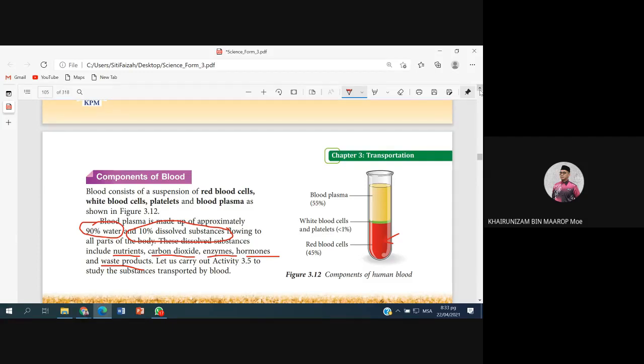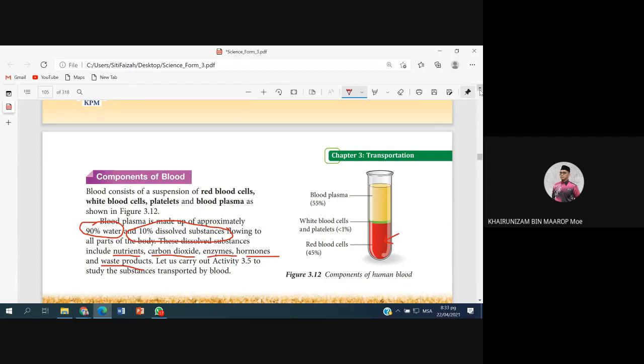The function of blood plasma is to transport nutrients to tissues and to remove waste products from tissues. Not the red blood cell.